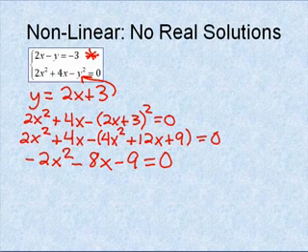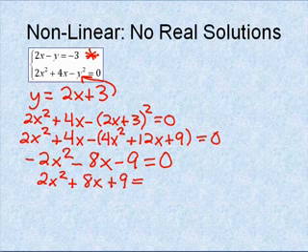Since each one of these is a negative, let's multiply the whole thing by -1, and that way we can have 2x squared + 8x + 9 = 0. We'll cut down on our chances of making sign errors that way. Just by looking at this, I don't see a quick way to factor it. So let's just go ahead and use the quadratic equation.